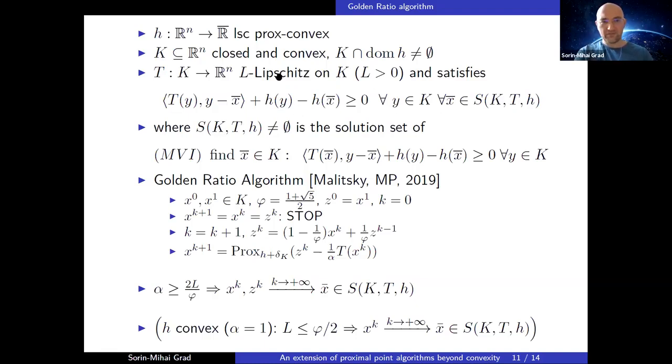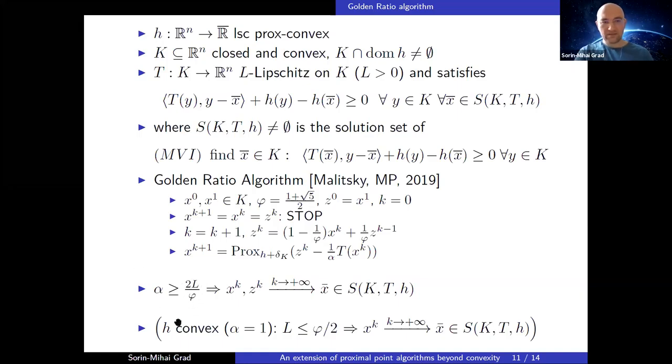And the function h is taken to be LSC and prox-convex. The golden ratio algorithm still works and stays convergent towards a solution of this mixed variational inequality if alpha, this coefficient which makes h prox-convex, is larger than this fraction 2L over phi.